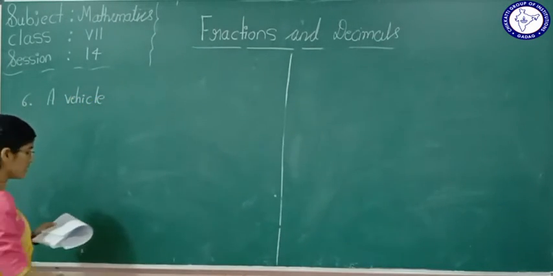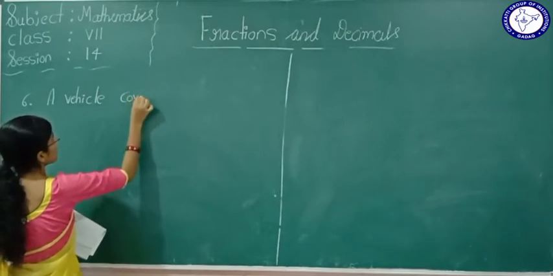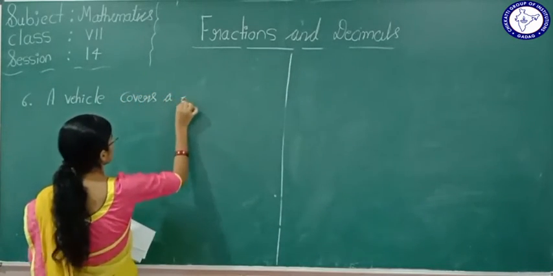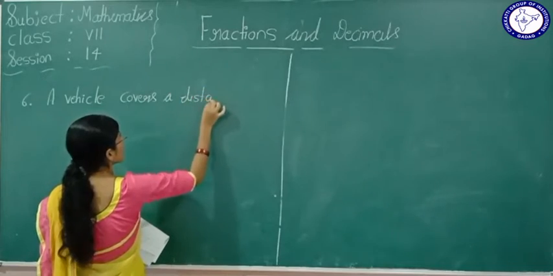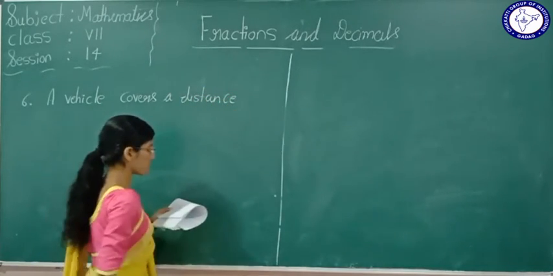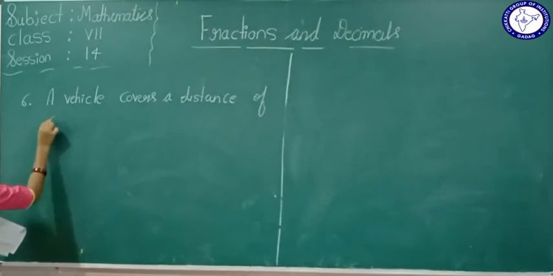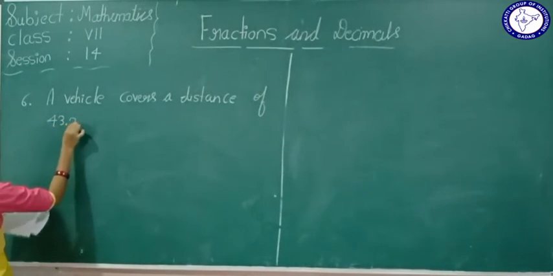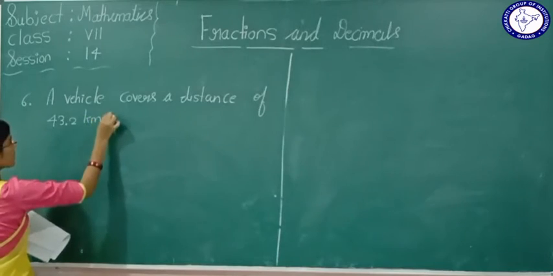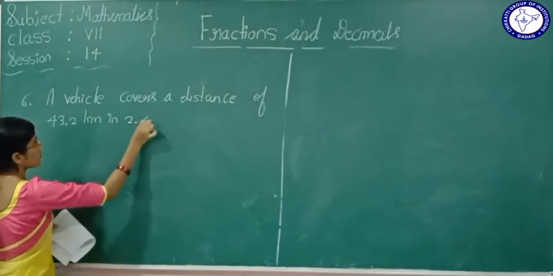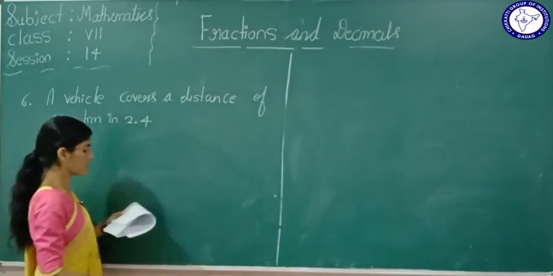A vehicle covers a distance of 43.2 kilometer in 2.4 liters of petrol.